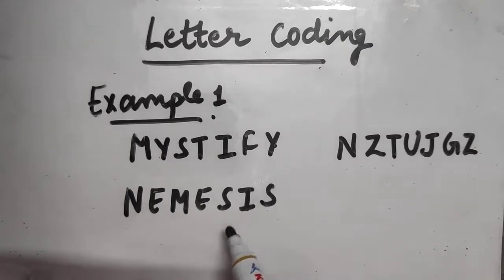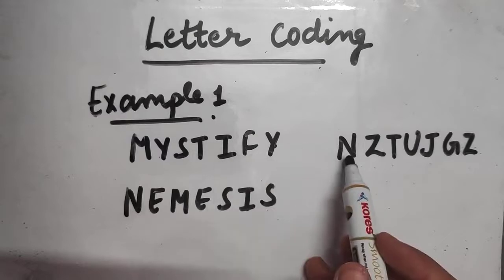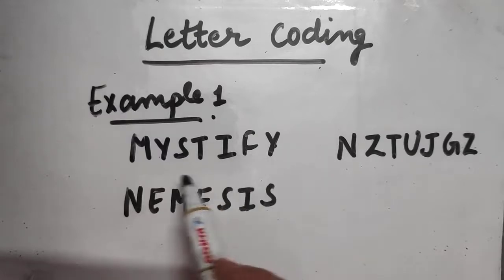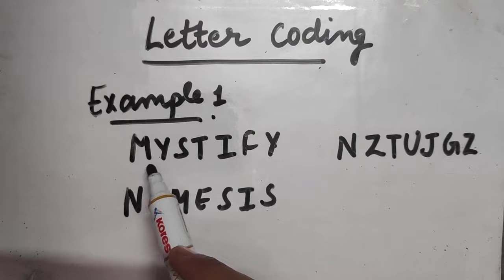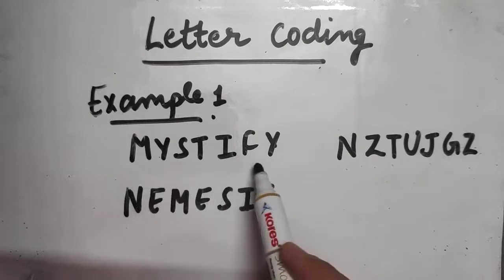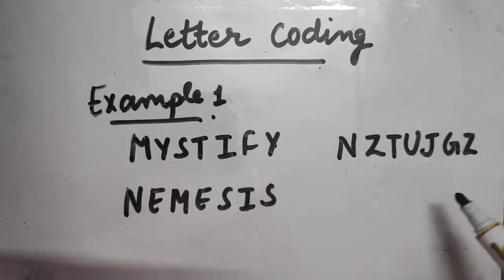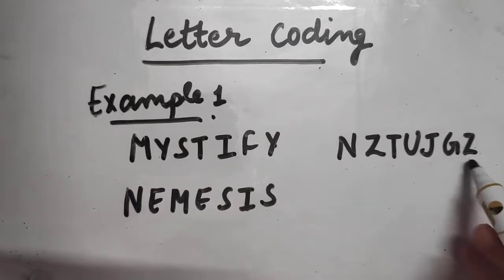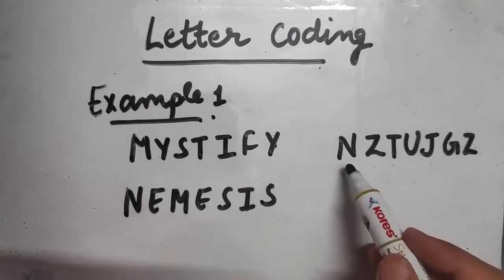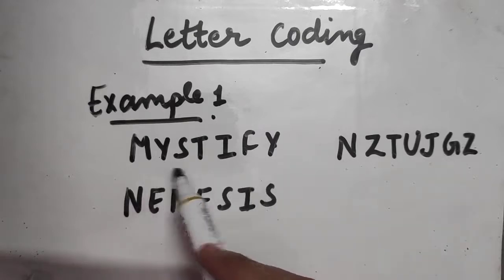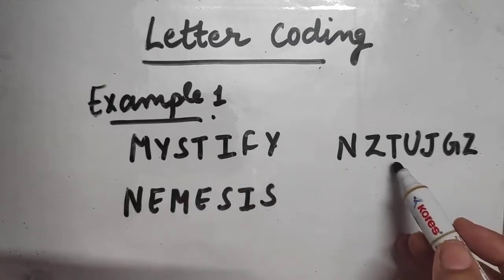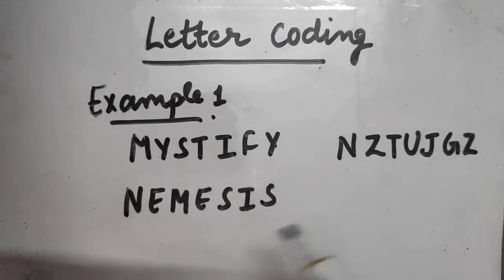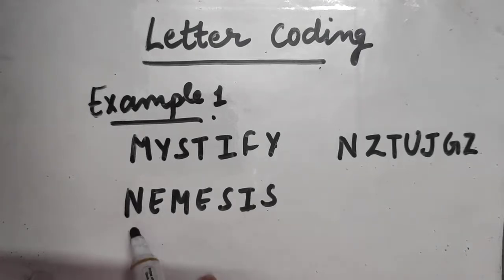So, dear children, if we clearly observe these two codes, we see that each letter in the word MYSTIFY is moved one step forward to obtain the corresponding letter of the given code. Like M is moved one step forward to get N, Y is moved one step forward to get Z, S is moved one step forward to get T. In a similar manner, we need to code this. So let us move N one step forward.